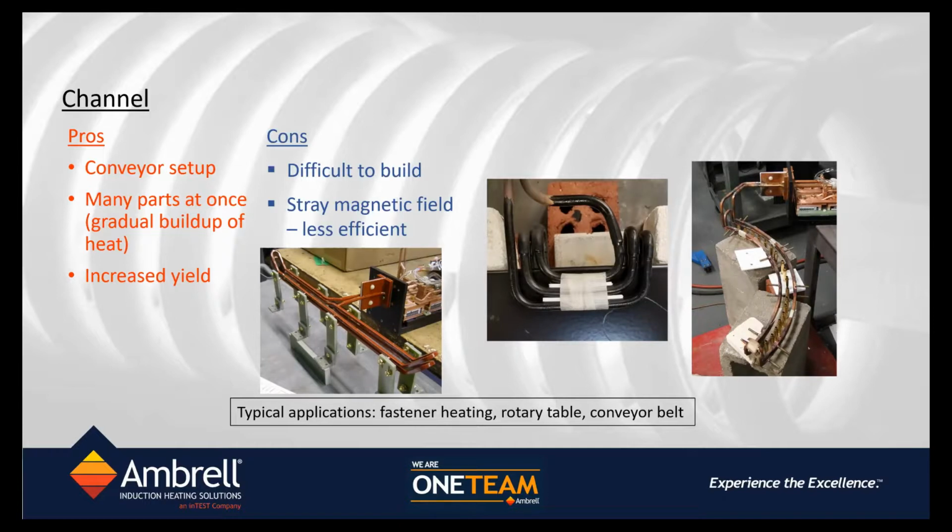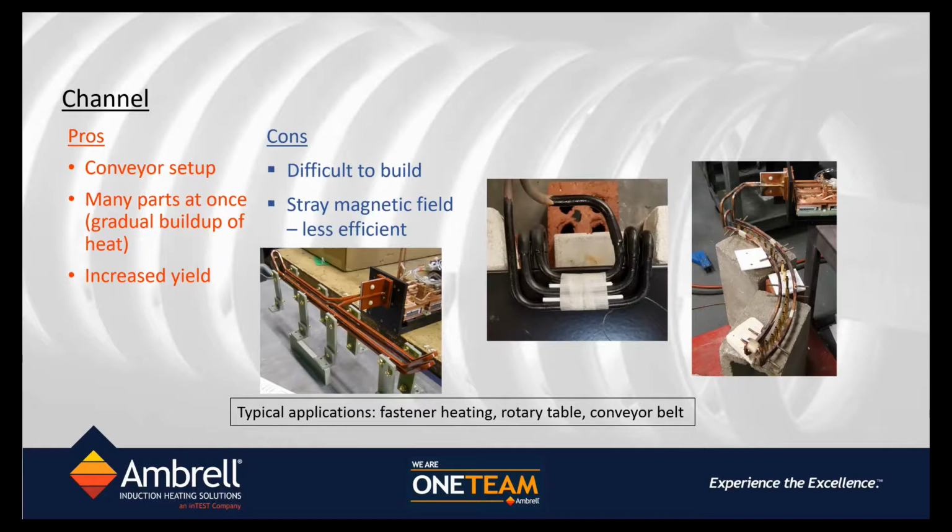This type of coil is not obviously as efficient as the helical coil. Actually, the helical coil is the most efficient. All other types of coils like this pancake or channel type coil are not as efficient. However, there are a lot of applications where a lot of parts have to be processed in a short amount of time, like in the manufacturing of fasteners.